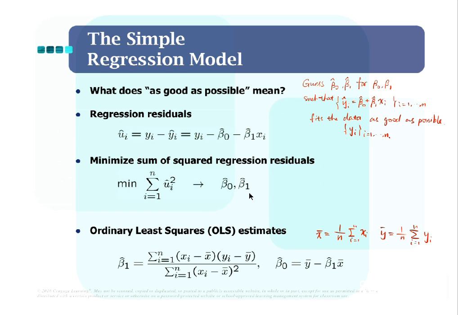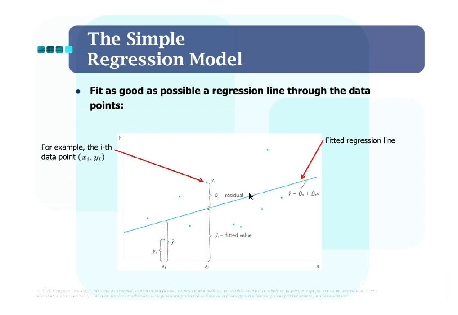So this graph illustrates the idea. Here we have this fitted regression line, y hat equal to beta 0 hat plus beta 1 hat times x. And the actual xi and yi are the points here.